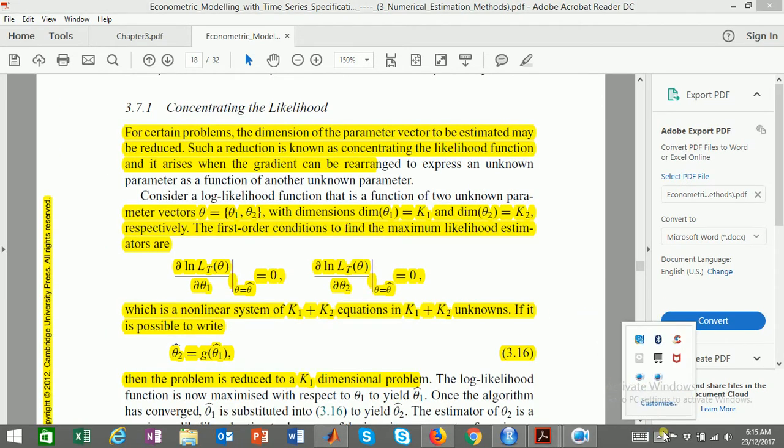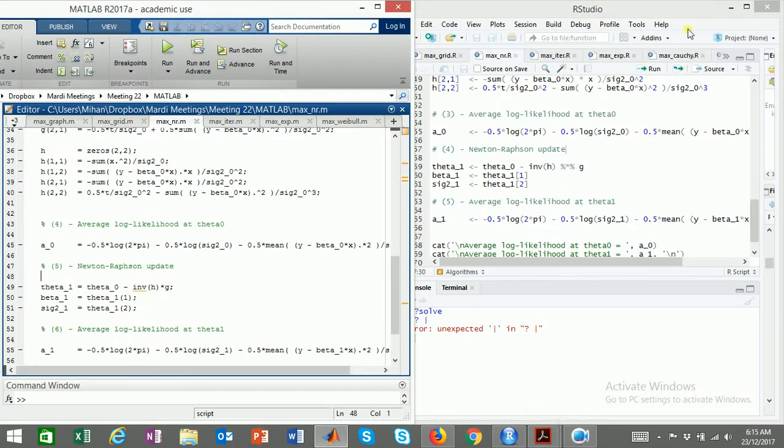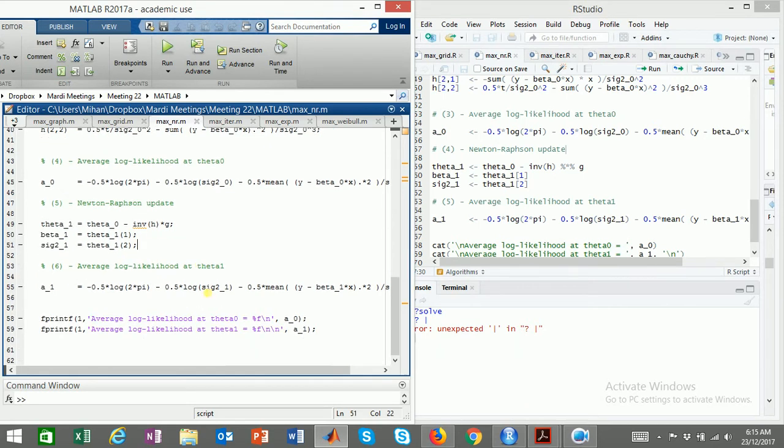Concentrating the likelihood, where if we put theta 2, the second parameter, into the first parameter with a gradient, it reduces the dimension, or simply divide theta 1 hat by theta 2 hat. Alright, so we are controlling the dimension.